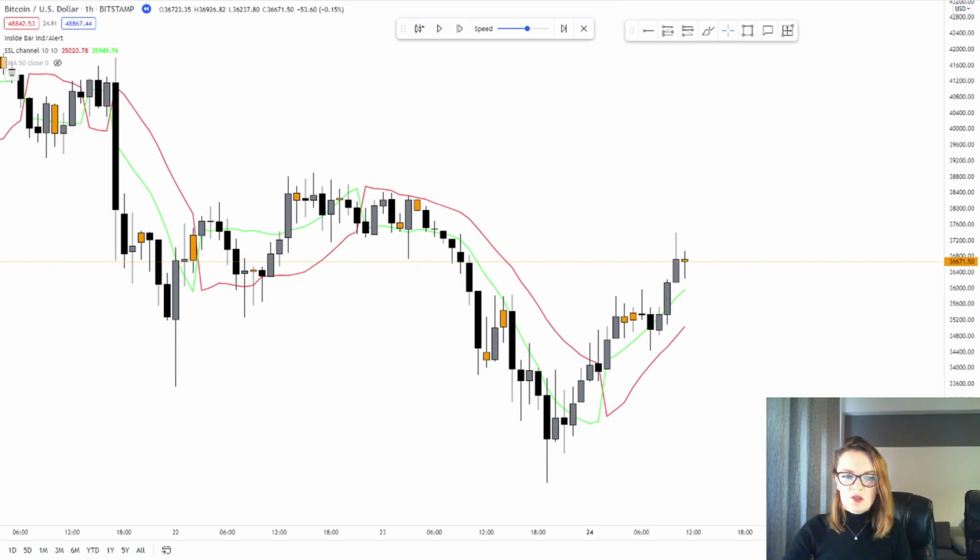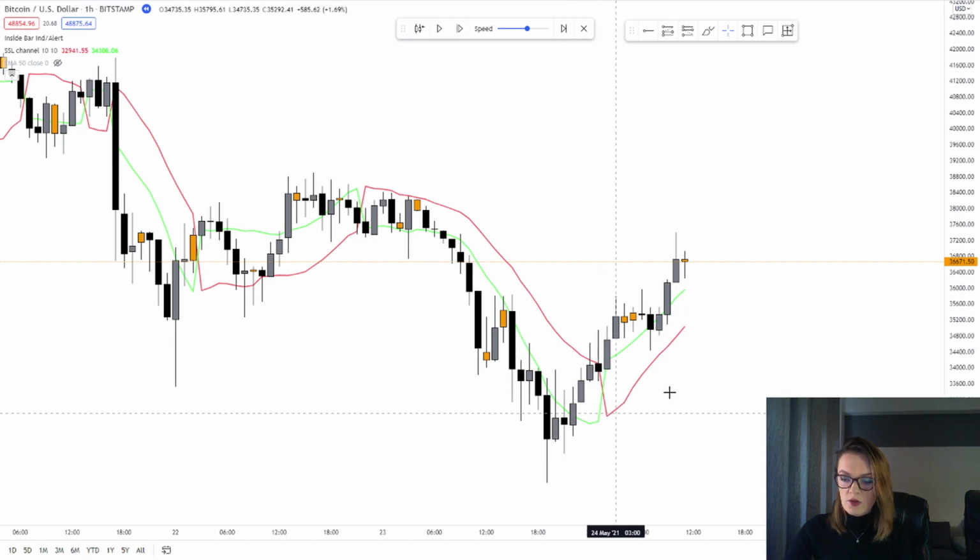Personally, after this cross, I prefer to wait another few candles in order for me to be sure that the trend is confirmed. Now, having this instance here, we will switch our chart to the 5 minutes one, because we have this uptrend formed here.